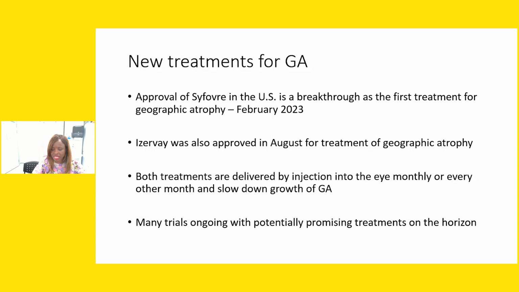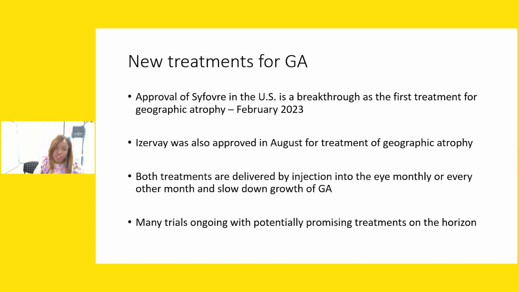And I guess you can think about that as, if it takes approximately 5 years, say, in a particular person, for the geographic atrophy to affect the center, potentially these treatments might be able to slow that down by maybe 6 months or 9 months, somewhere there.